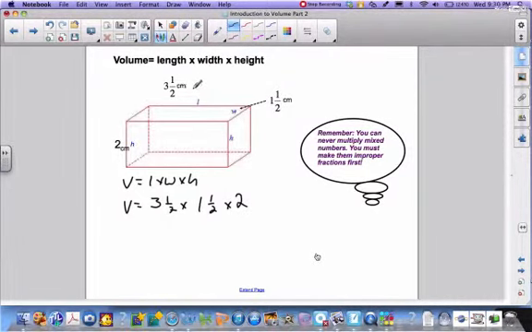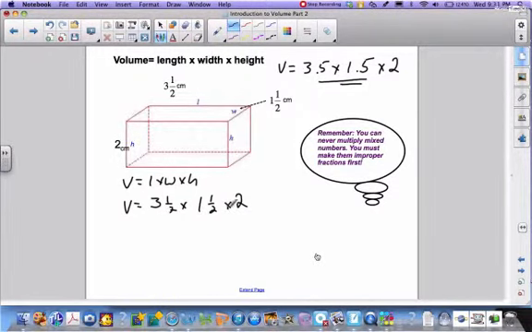Remember, if you were doing these now, you don't have any repeating decimals in here, so you could use decimals in there. You could do 3.5 times 1.5 times 2. I'm going to stick with fractions down here.